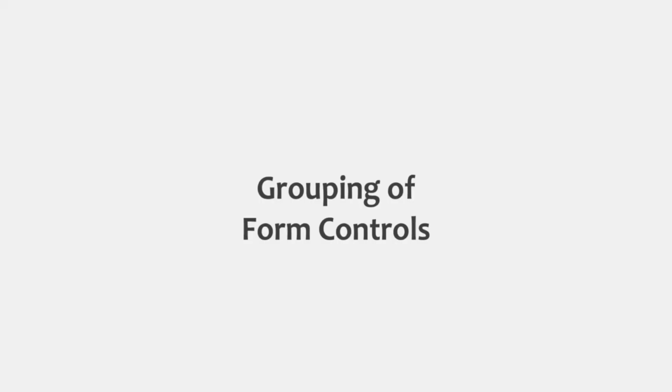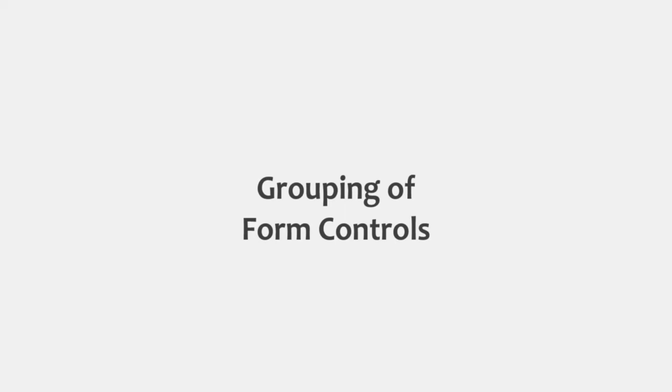In this lecture, we are going to learn how we can group some of the form controls together into a single group. Now, the first question which will come to your mind is why we would want to group some of the form controls together. Well, in some of the applications, you might have seen that some of the form controls are grouped together, and if any one of those form controls contains an invalid value, then we show a validation error message saying that one of the input fields does not contain a valid value.